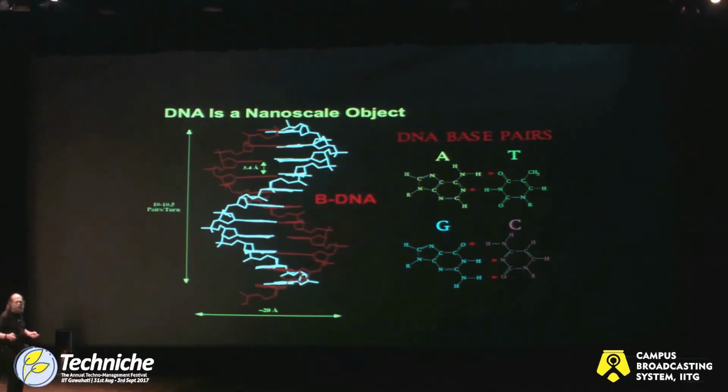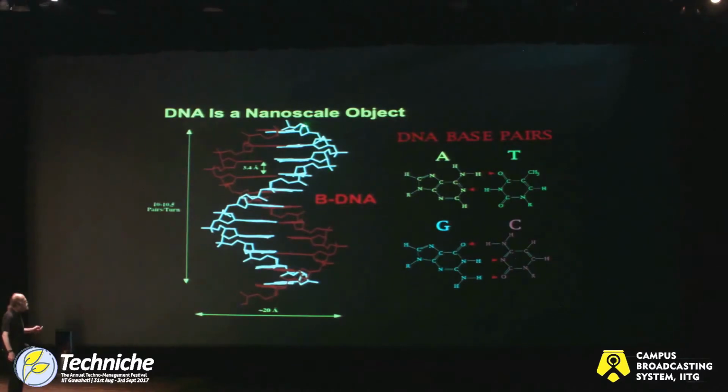Now, the business end of DNA is not the backbone here. The backbone is necessary for the molecule to do what it does, but the real business end is here in the famous Watson-Crick base pairs. A pairs with T by 2 weak interactions we call hydrogen bonds, and G pairs with C by 3 hydrogen bonds.